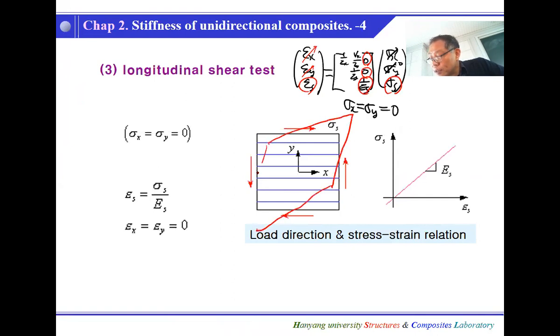Shear strain in terms of geometry is nothing but angle change, right? Angle change is the shear strain. Length change is the normal strain. So we measure strain and angle. Well, it's not easy to measure the angle change.